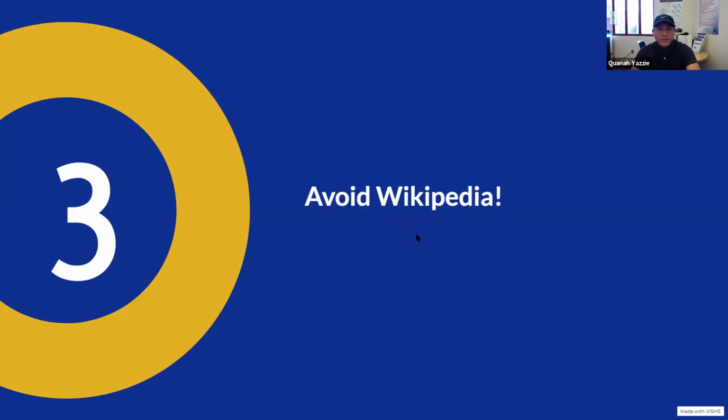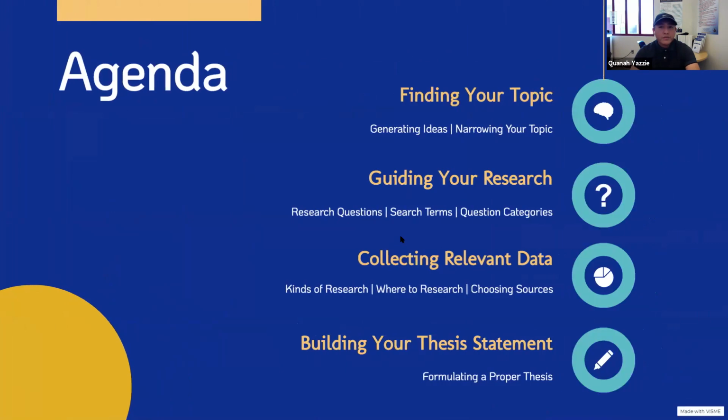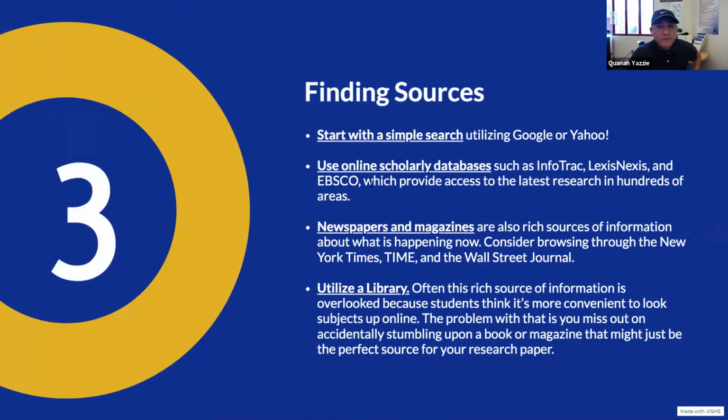Going back to finding sources, I'm going to stop my share here, and I'm going to show you guys how to access the Net College library. I'll share my other screen here. Not that one, this one.